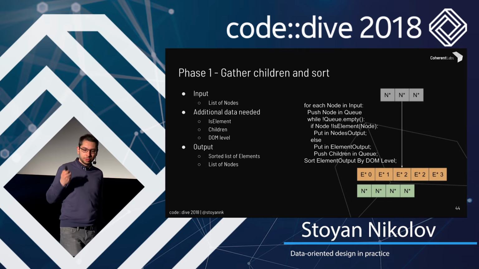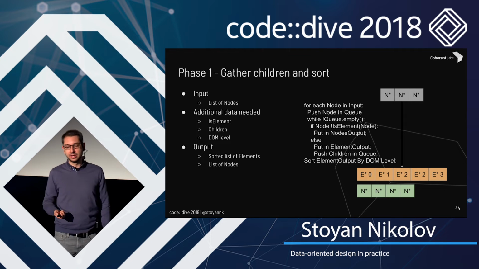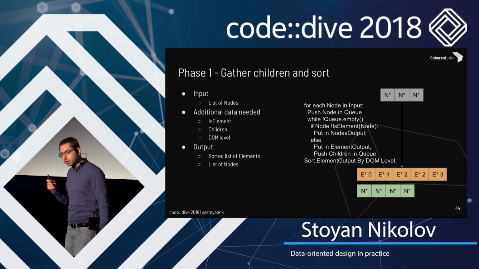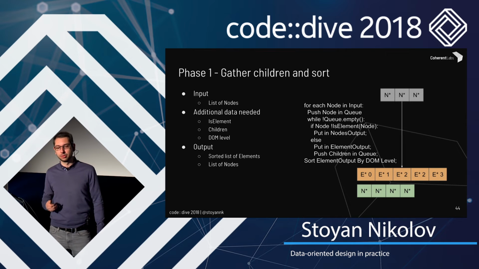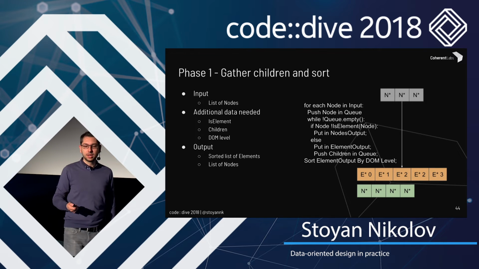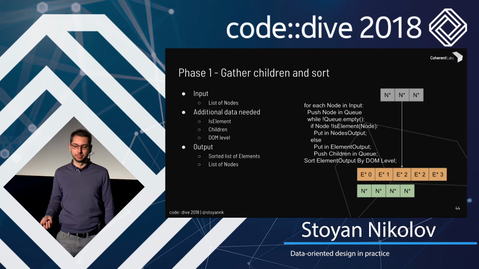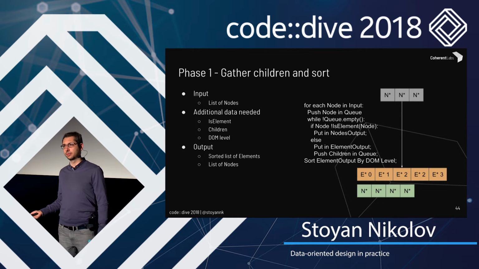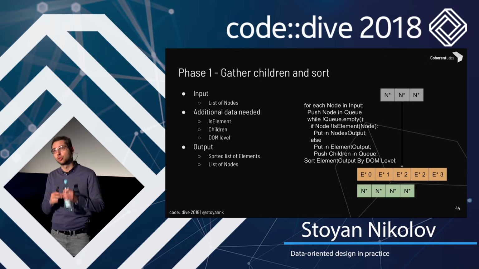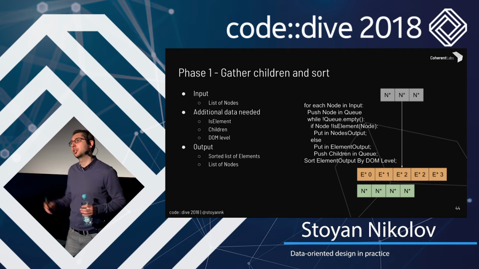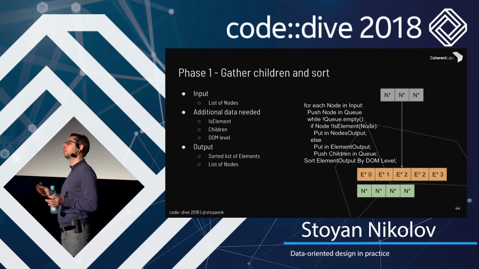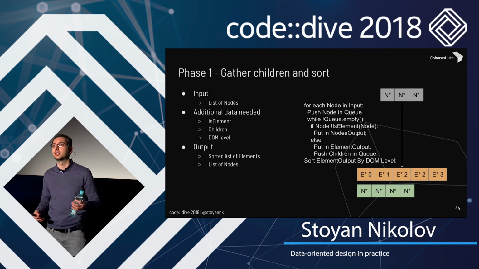So let's decide for each phase the input, the output, and what additional data is needed from each node to implement those operations. The first one was to gather children and sort them. We have the input, which is the list of nodes that might have changed. The output is a sorted list of elements, and the list of nodes. I mentioned that when you change the nodes, they can be done faster.